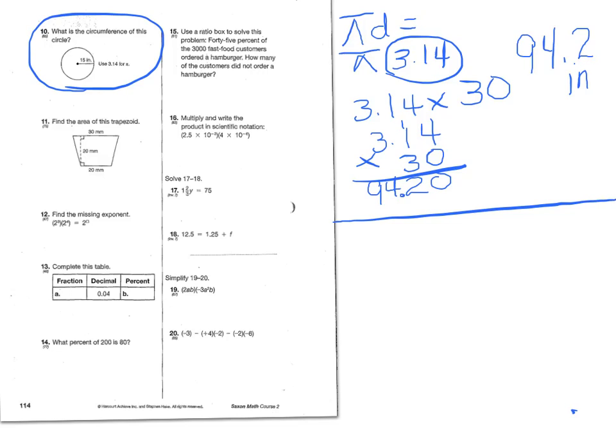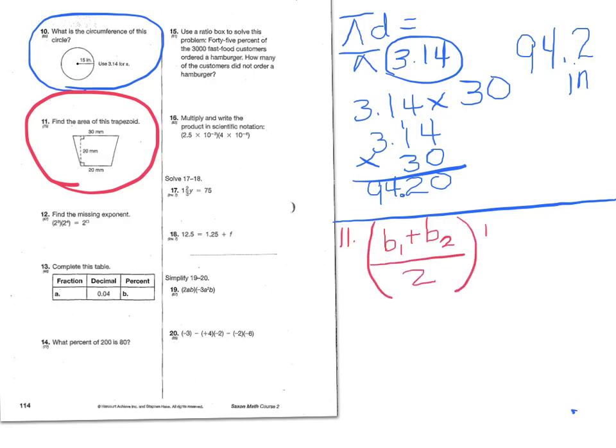Now, the next one we want to look at, of course, is number 11. Number 11 has a formula that you can use. In fact, the formula was on the answer sheet of your test, but half of you ignored it. So let's take a look at it. The formula is base 1 plus base 2 over 2 times the height.